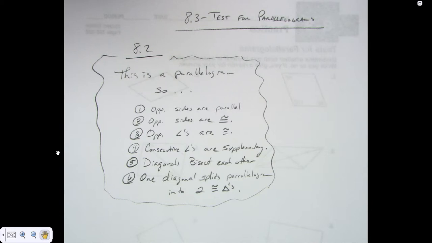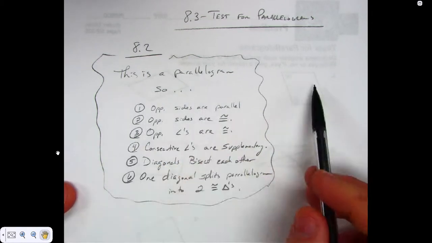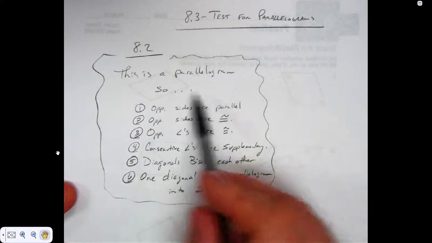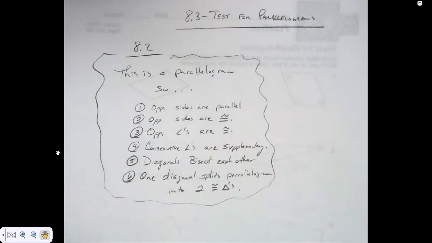But I'd always say, if you take out the trash, then you can go to the movies, right? So what happened first? I took out the trash. As a result, what happened? I got to go to the movies. Well, here we're saying if this is a parallelogram, as a result, all of this happens. What we're going to do today is flip that.